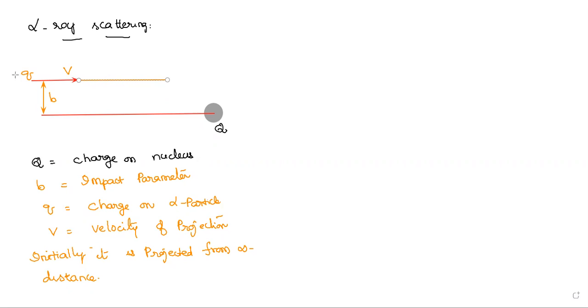In this case it is repulsion, because the alpha particle is positively charged and the nucleus is also positively charged. When it tries to penetrate the atom, at that distance you can find some force of repulsion. From there, the velocity will change, in both direction and magnitude.